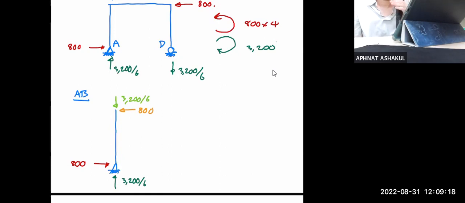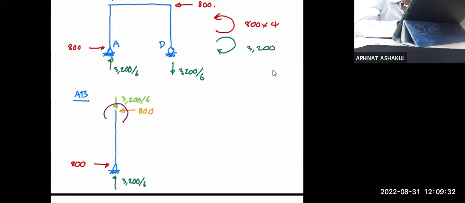Correct? The two 800s will give you a counterclockwise couple, so you would surely need the clockwise moment. And this clockwise moment is 800 multiplied by 1.